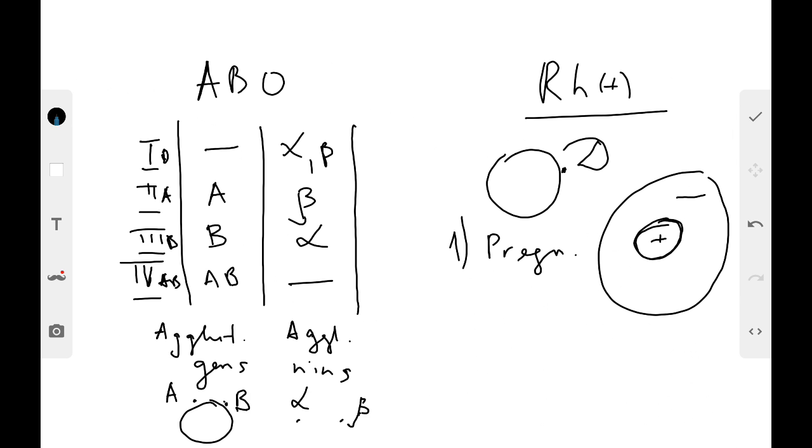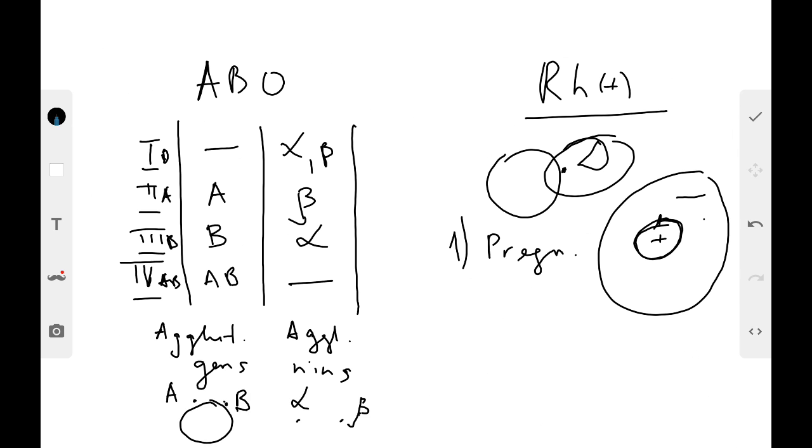The first pregnancy is normal, but during delivery the placental barrier does not quite safely stop the contact of the rhesus factor, antigen D, with the mother's immune system, and the mother's immune system produces antibodies against D antigen.